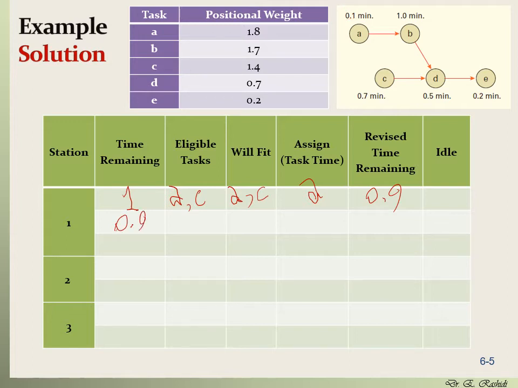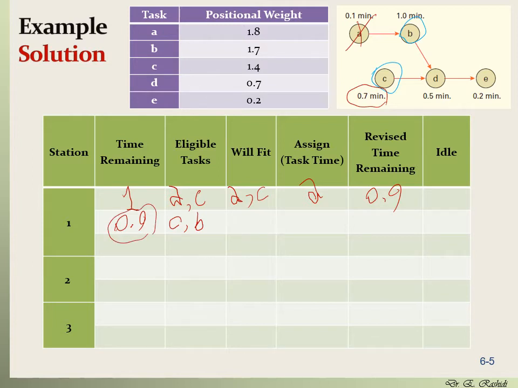We already assigned task A. What are the eligible tasks now? The eligible tasks are task C and task B. Will each of these fit? Task C would fit because 0.7 is less than 0.9.